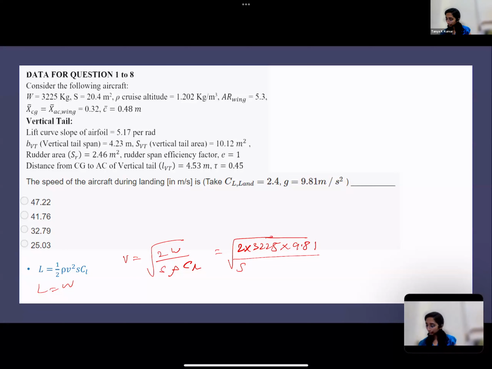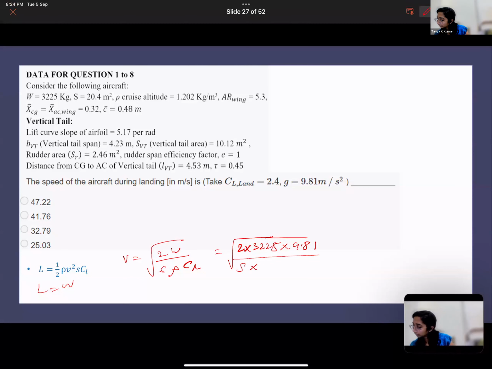Sea level density. Oh, S was 20.4. Let me just erase this. S is 20.4, density is 1.225. CL they've given you as 2.4.